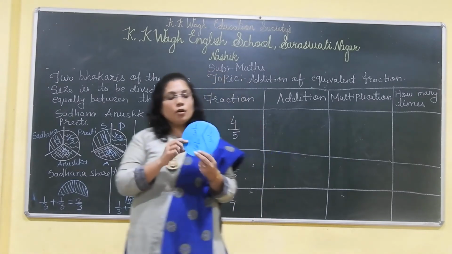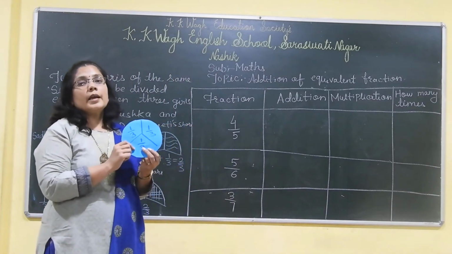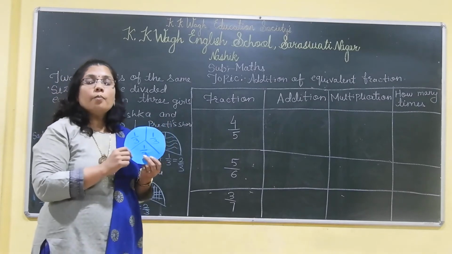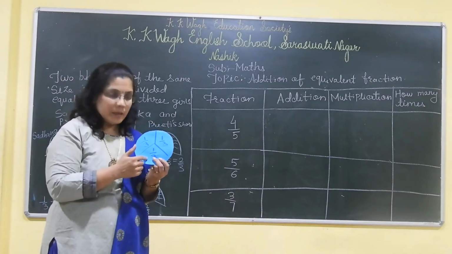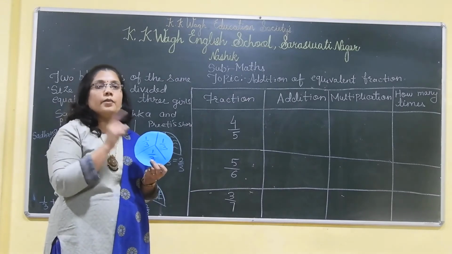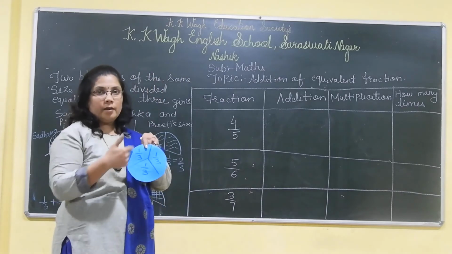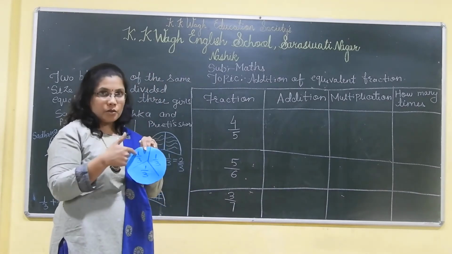When we write a fraction of this circle, we write the total number of parts in the denominator. Total number of parts are 1, 2, 3, and in the numerator we will write 1. Okay? Because this is whole 1. This is 1, and there are 3 parts of it.